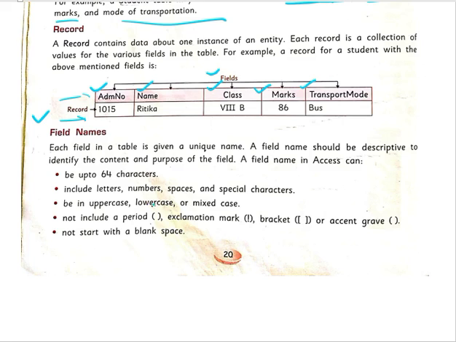It can be uppercase, capital letters, or lowercase, or a mix of uppercase and small case. But it does not include a period, exclamation mark, accent grave, or brackets, such as square brackets. And it should not start with a blank space. First you have to fill in something. I think it is clear.